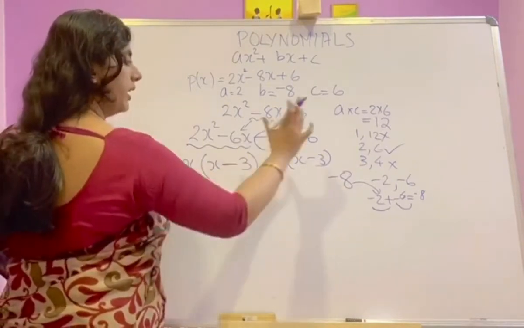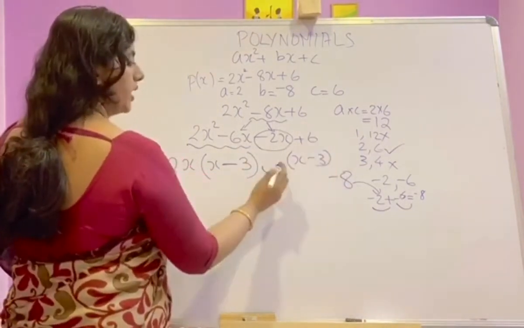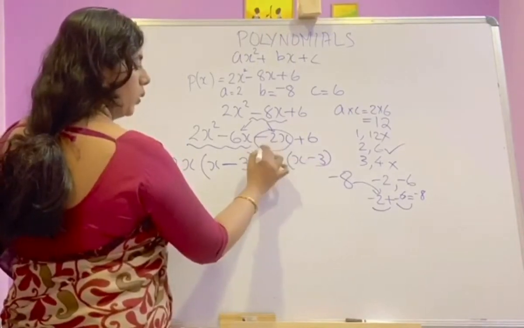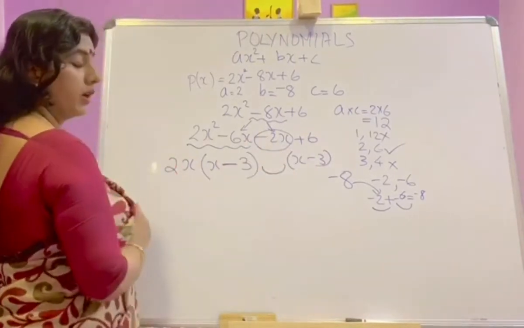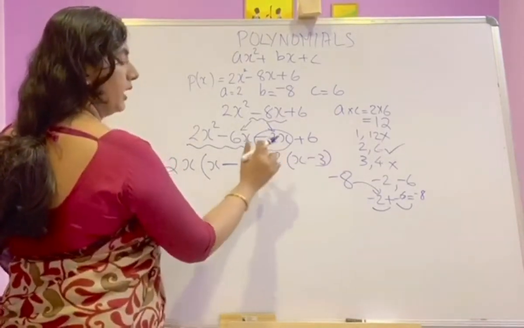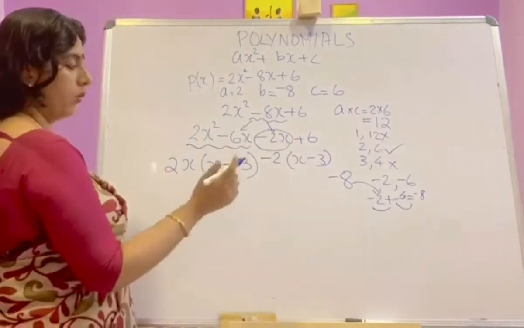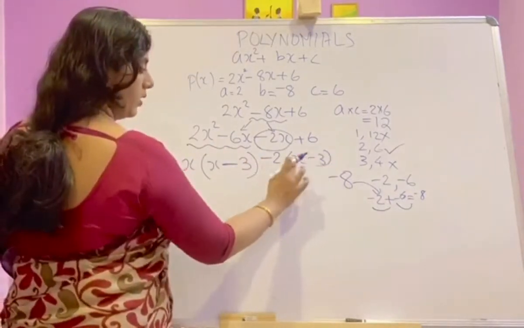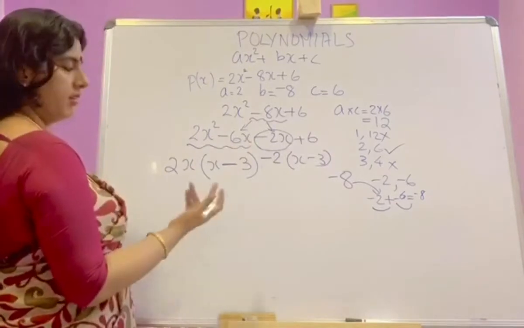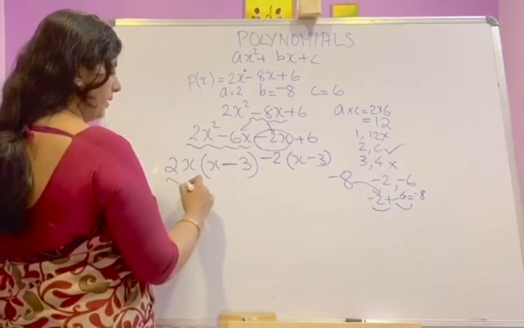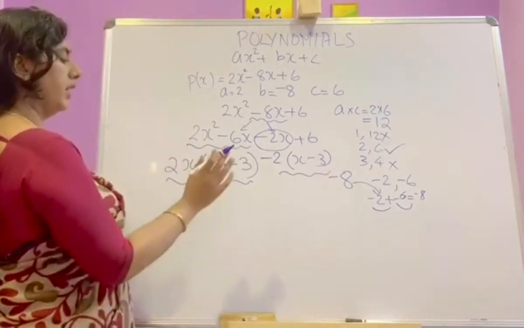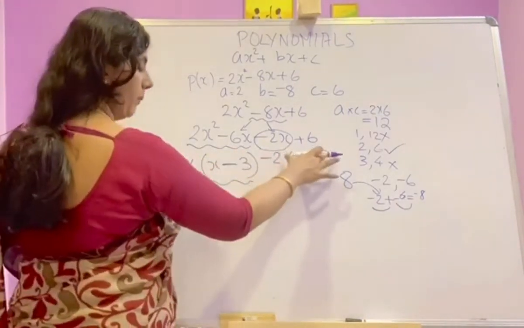We are writing it again here. Now check, dash into x is equal to minus 2x. What will you do? Minus 2 into x, then only you will get minus 2x. Now we can check this with 3 also. Minus 2 into minus 3 plus 6. Now this is the first term and this is the second term. Here you can see the brackets are common.